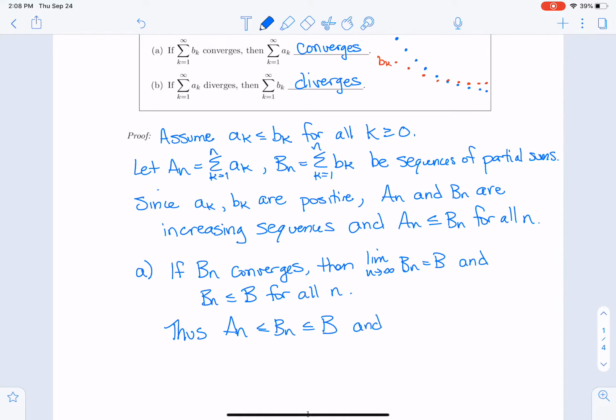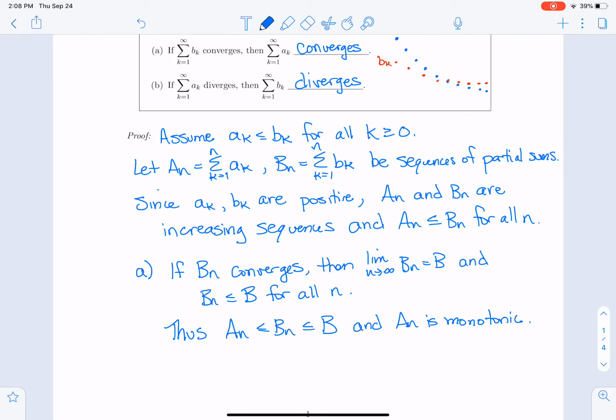And A sub n, we already know, is monotonic. So what we have is that A sub n, my sequence of partial sums, is monotonic, it's increasing, but it's also bounded.